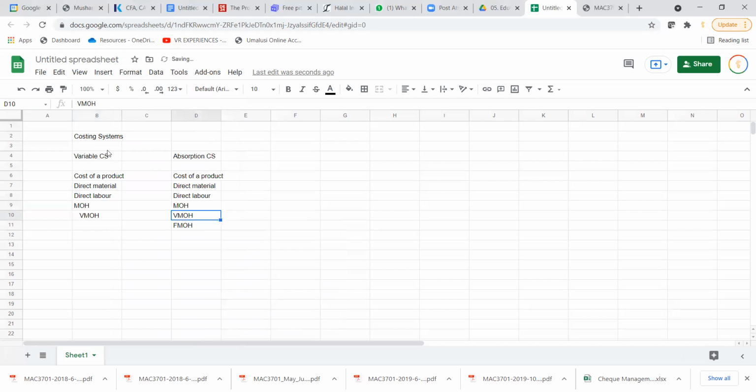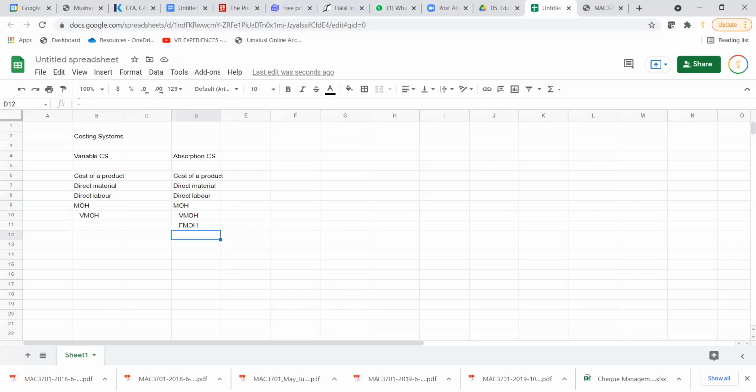That is very important to understand. I can't tell you how often students' answers are incorrect because of not thinking about this. That is why I always say, when you see the cost of a product, always tell yourself the cost of a product is made up of three things: direct material, direct labor, manufacturing overheads. But then tell yourself, manufacturing overheads is made up of two types of overheads, fixed and variable.